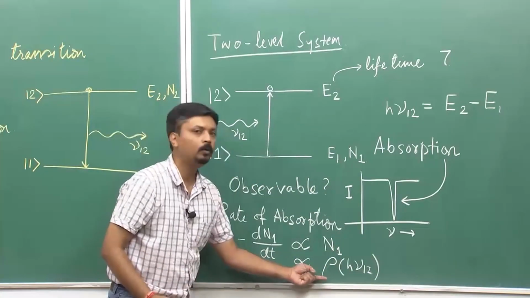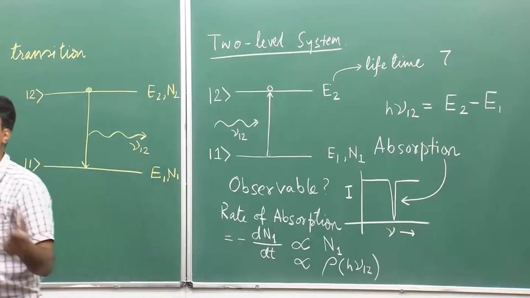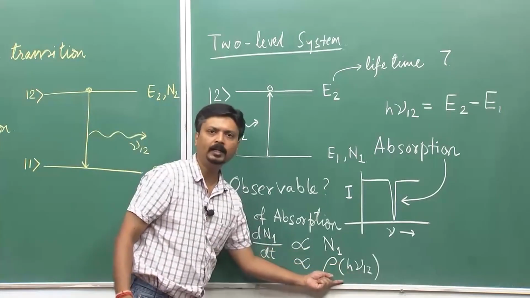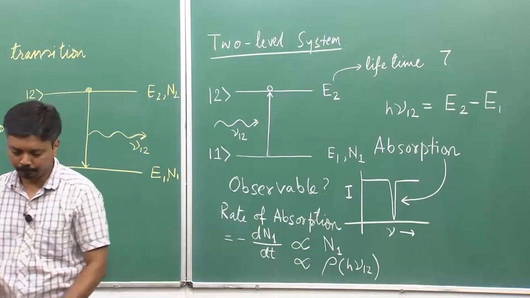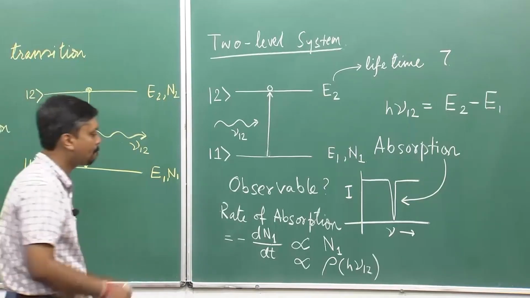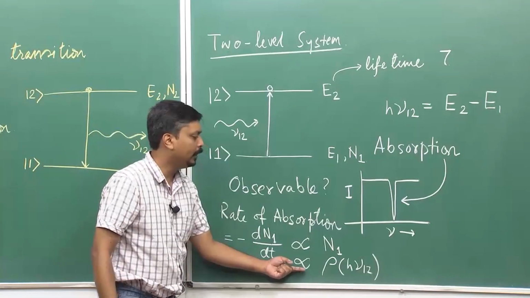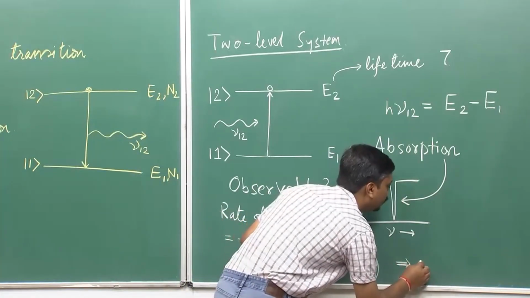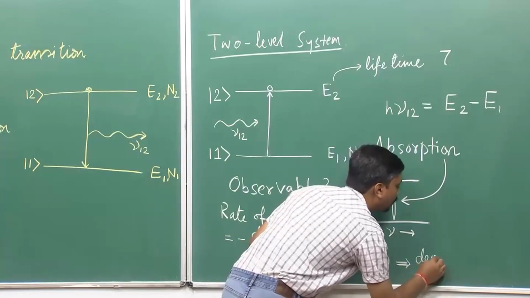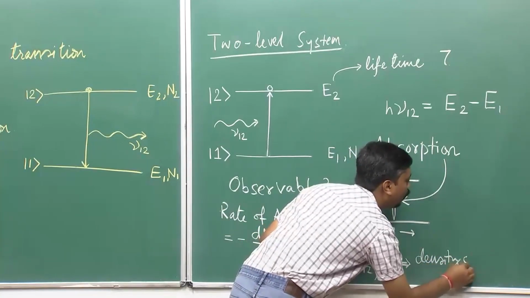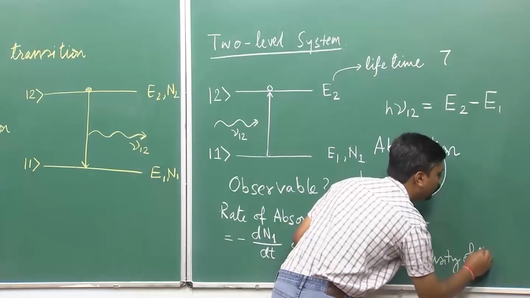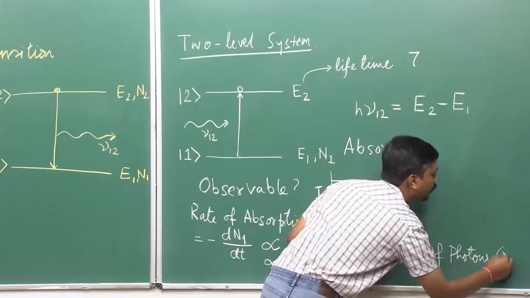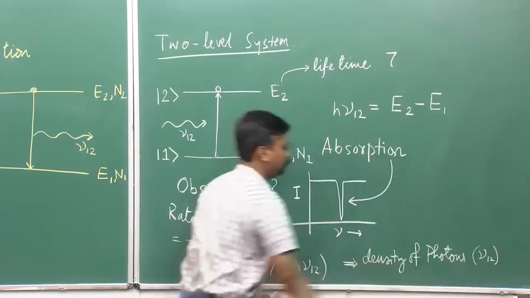So rho is the density of photons having frequency nu 1 2, and we write it in this fashion, rho of h nu 1 2.